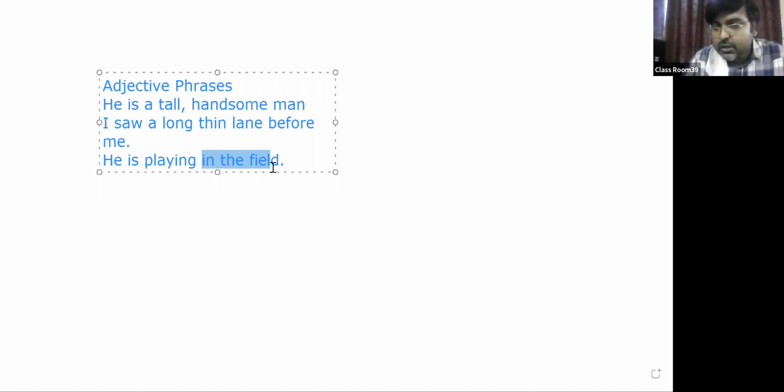This is the reason why it is a prepositional phrase. You have two kinds of phrases over here: one is a verb phrase, "is playing", and the other is a prepositional phrase, "in the field". So you must be able to analyze all of these sentences that are of different constructions.